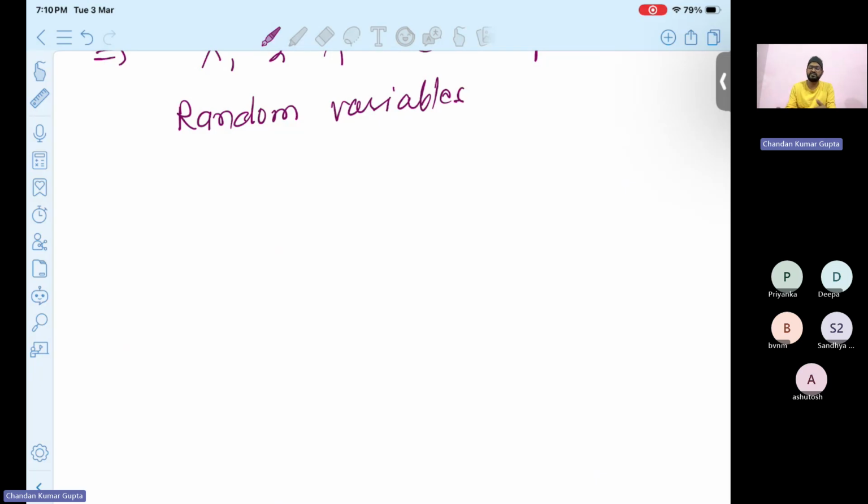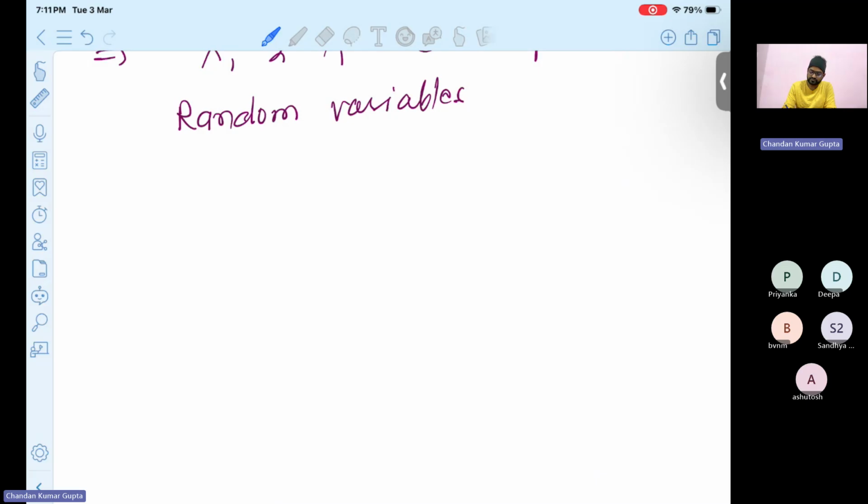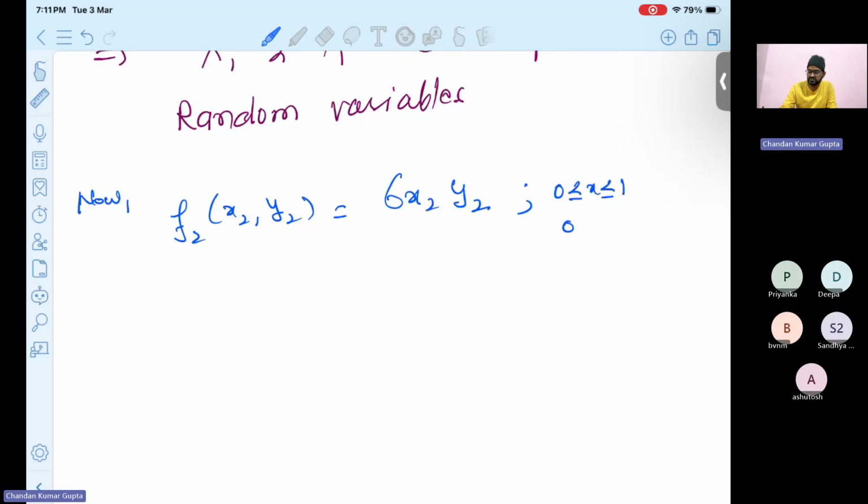In a similar manner, you can calculate for f2 of x2, y2, which is 6 x2 y2. First, be sure about the range.